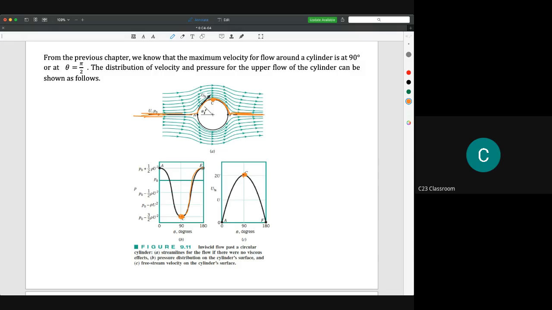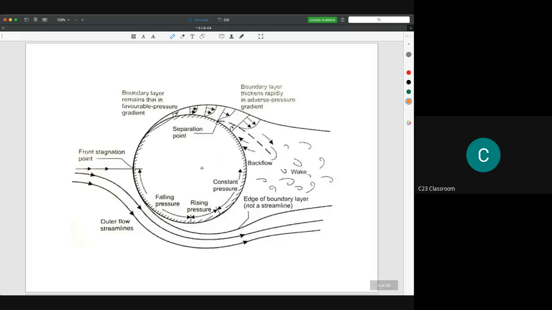So what happens? If you see here, this is the velocity distribution.